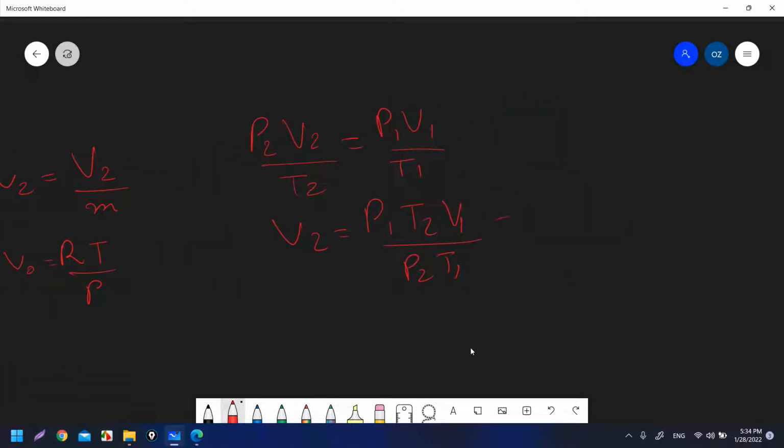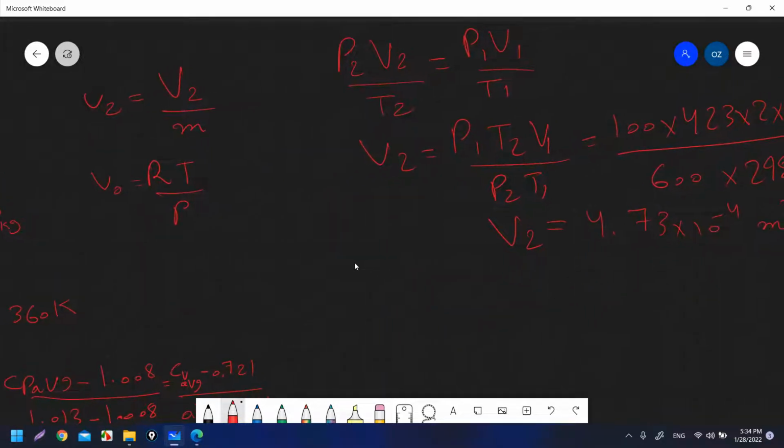Okay, so it is 100 times 423. The volume is 2 times 10 to the power negative 3 meter cubed. Over P2, it is given 600 kilopascal times T1 298 in Kelvin. So this will give you capital V2 in meter cubed, 4.73 times 10 to the power negative 4 meter cubed.